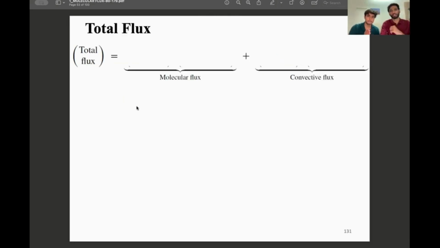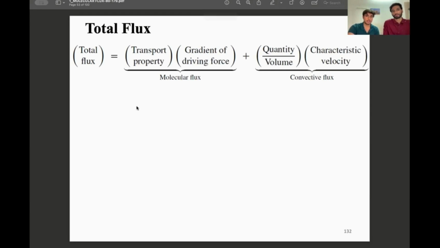Now let's talk about the total flux. As we have mentioned in our previous presentation, total flux is the summation of molecular flux as well as convective flux. Molecular flux we have also mentioned as diffusion, right? Correct. So we have seen that molecular flux is transport property into gradient of driving force. Exactly.